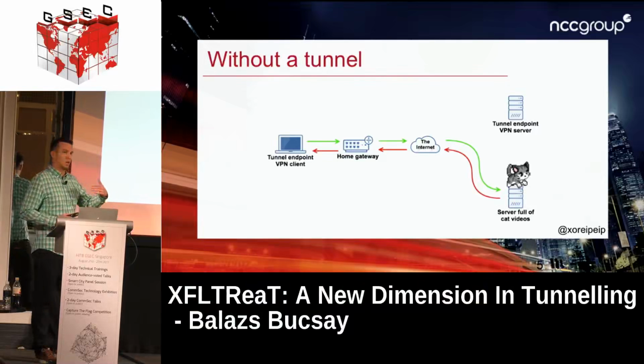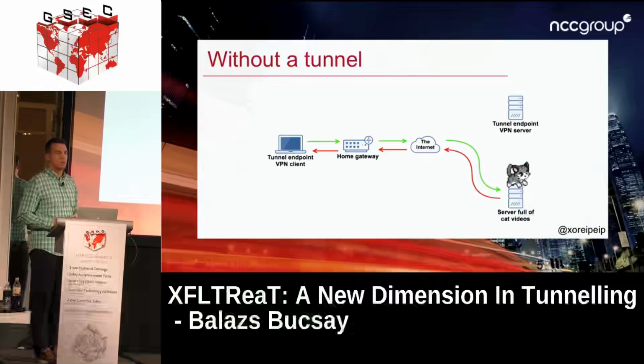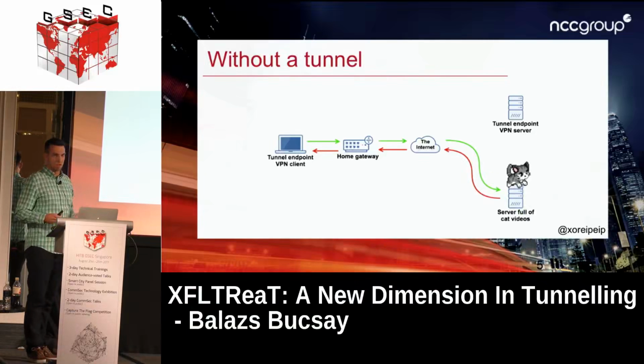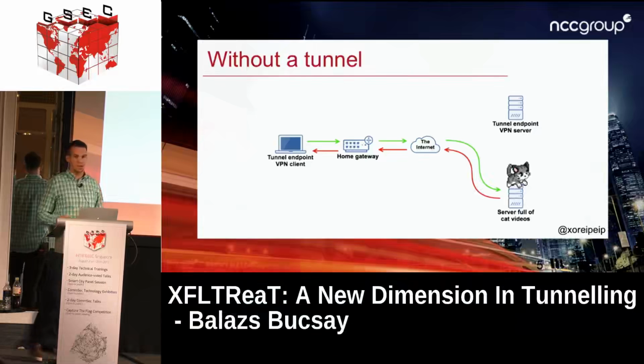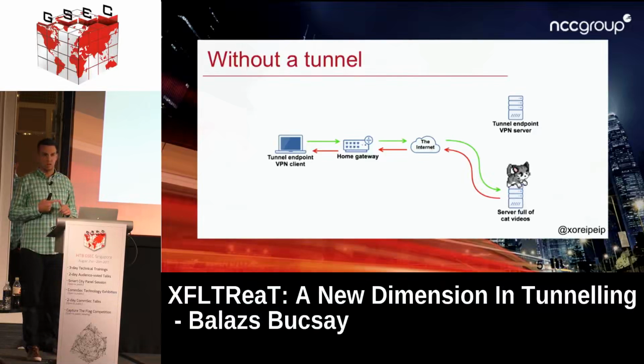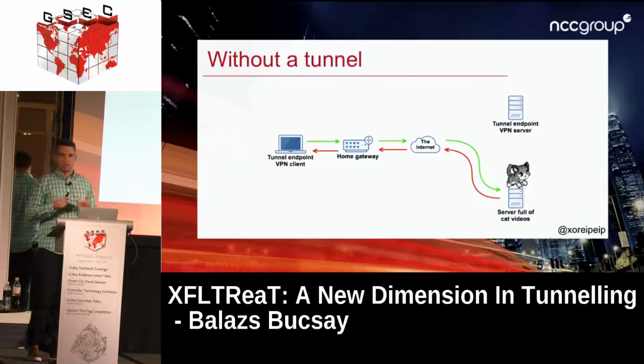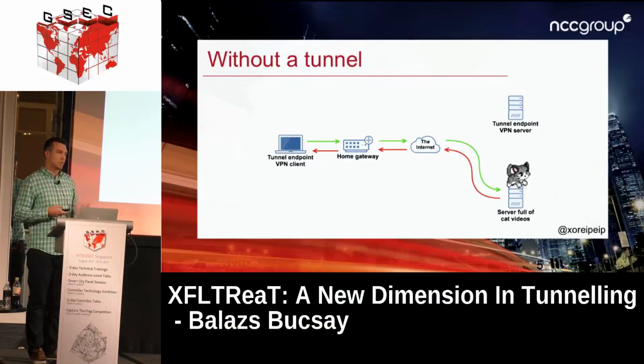If you want to download your videos from the server, for example, over FTP, you need to connect to the server over TCP, send some packets, and you will receive some packets from the server. That's all going on TCP, as we know. All the routers, the internal hops, will see your packets. They will know what the content of the packets is, what the original destination is, and what your IP address is. They can inspect these packets if they are not encrypted, and they will know what you are watching.